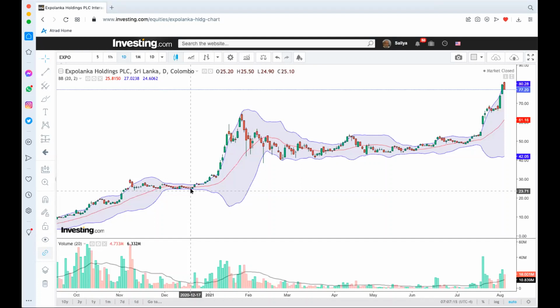A breakout has to happen from one of the previous highs. You can see that there is a high here, and there is a breakout above that high. At the same time, you can see that there is a breakout or a crossover above the middle line, which is the 20 period simple moving average.